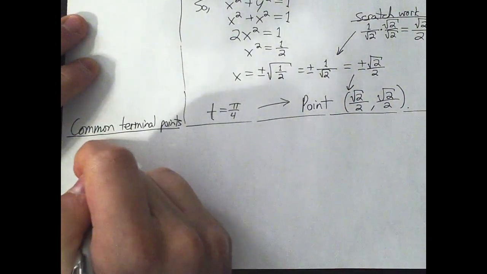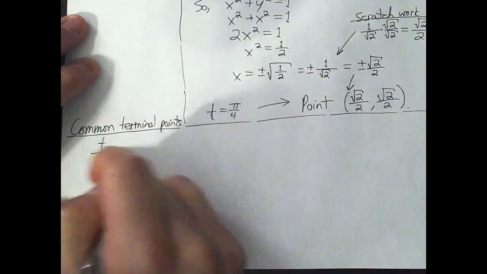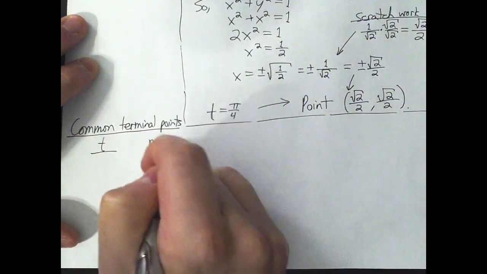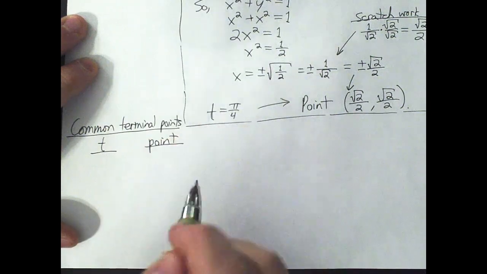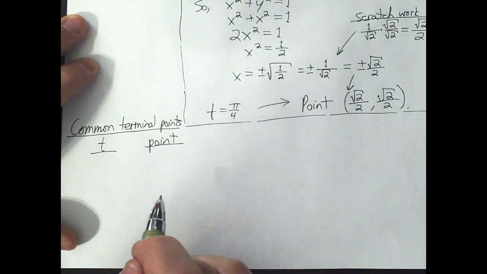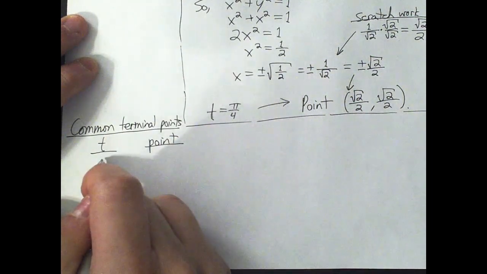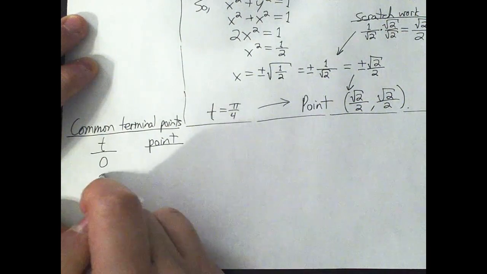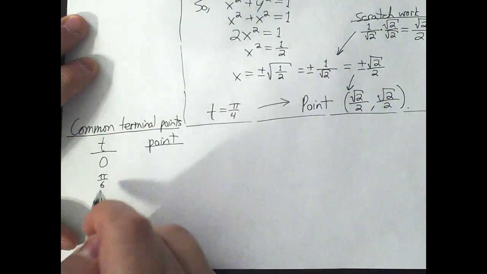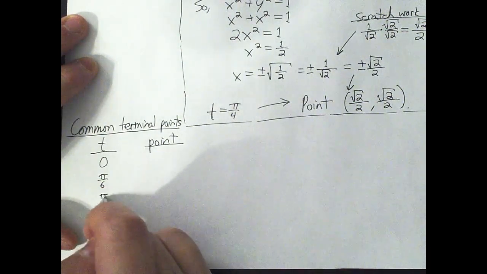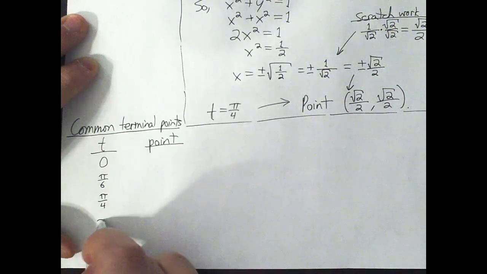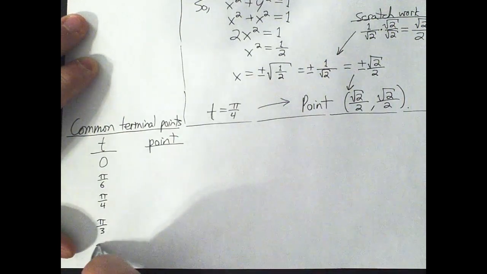So let's make a little table. Here's t, and here's the point that you get. So I'll show you, I think, 5. We're going to do 5 values of t that are pretty common: 0, pi over 6, pi over 4, pi over 3, and pi over 2.